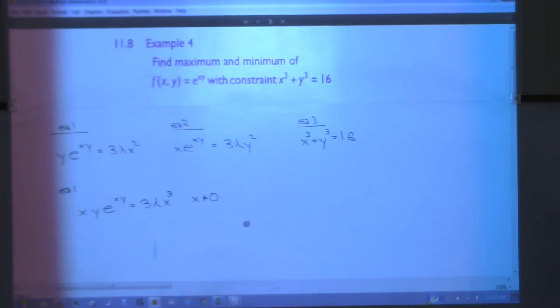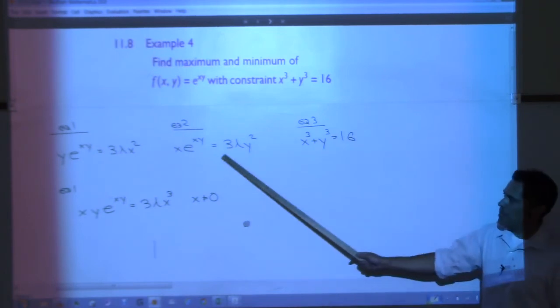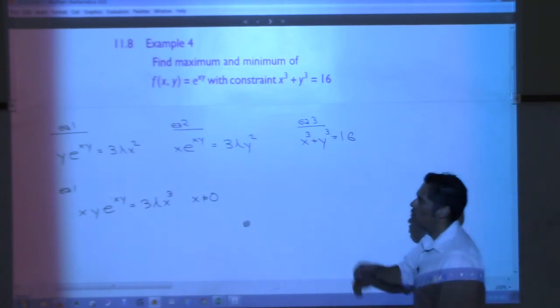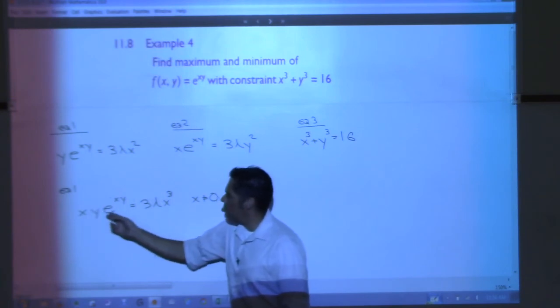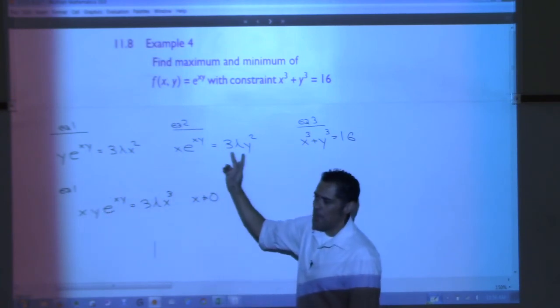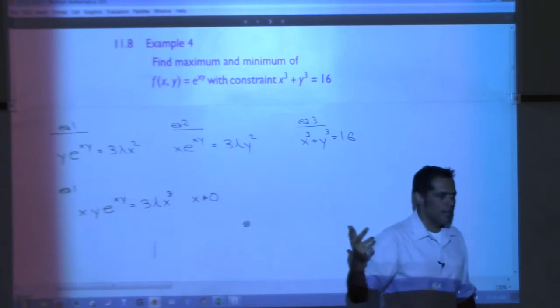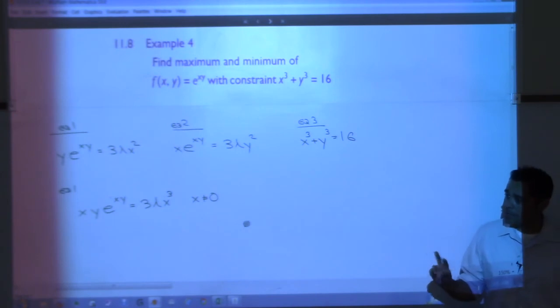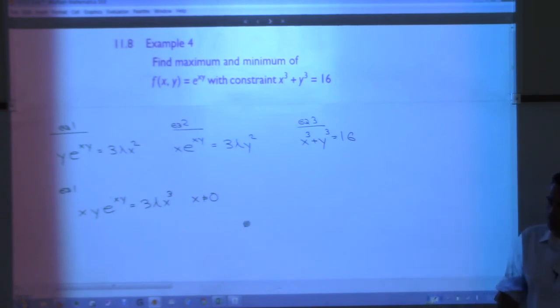So you figure out what x cubed is. I'm going to take this one right here, and I'm going to multiply both sides by y. And then won't I have xy e to the xy in here? If I multiply both sides by y, I'll have xy e to the xy. And then I can set them equal to each other. It's the same thing, okay? I'm just showing you that method because it's not as natural, and it's good to see it.